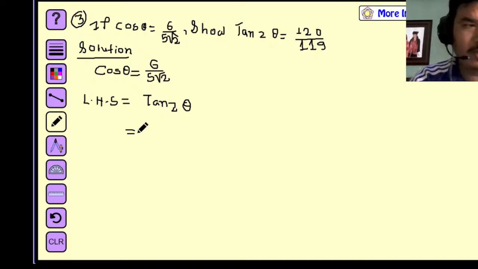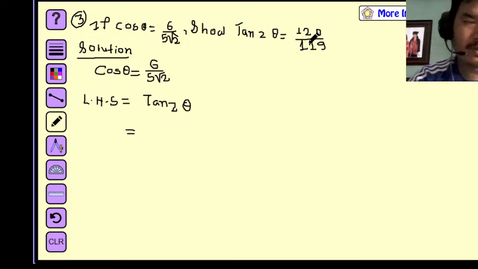As I told you in the previous question, tan 2 theta in terms of tan. But here what is given? The cos theta value is given, and we have to prove tan 2 theta.